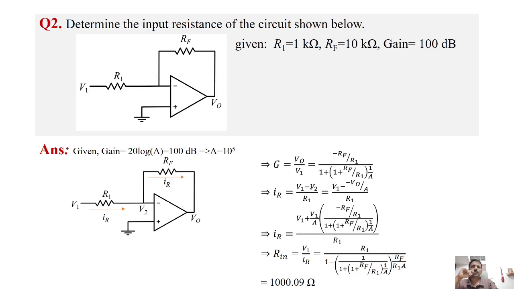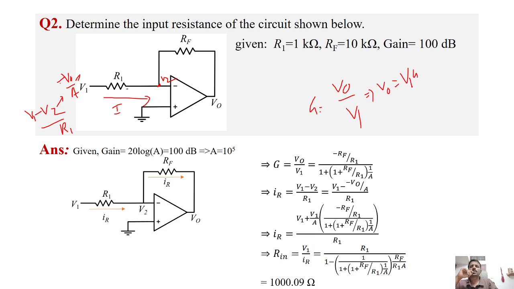So I will again mention what we have found earlier. We have found the V0 by V1 gain, and what we did is we found the current I. If this is a voltage V2, then V1 minus V2 by R1 is the current, and we substituted V2 as minus V0 by A, and this V0 I substituted from here, V0 is V1 into G, right?